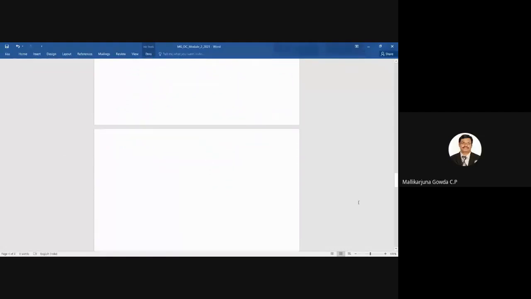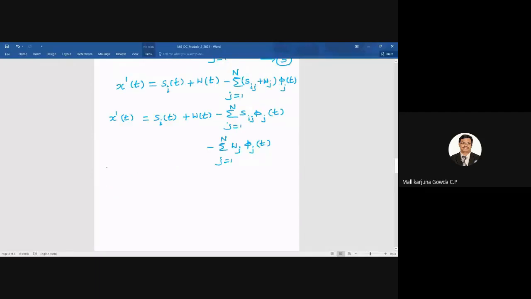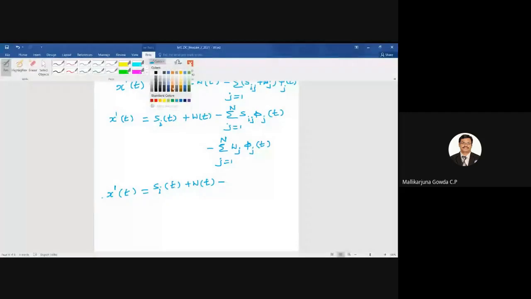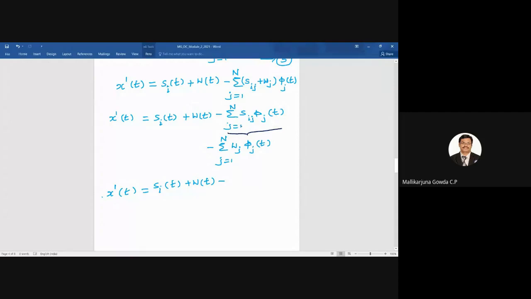Now what can I further simplify? x dash of t will be equal to si of t plus w of t, and minus, what can we write for summation j is 1 to n sij phi j of t? It is si of t.